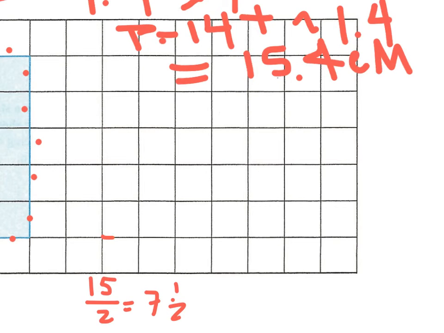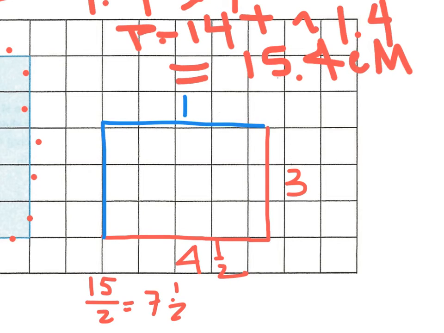So if I go 1, 2, 3, 4 and a half, and then 1, 2, 3, this is 3, this is 4.5, and then I do that same thing for the other 2 sides, giving me 4.5 and 3. Add them together, you get 8, 9 plus 6, which is 15. So this is 15 centimeters.